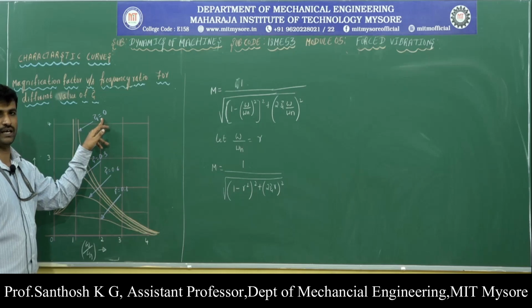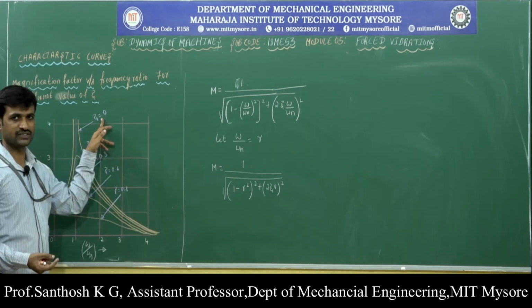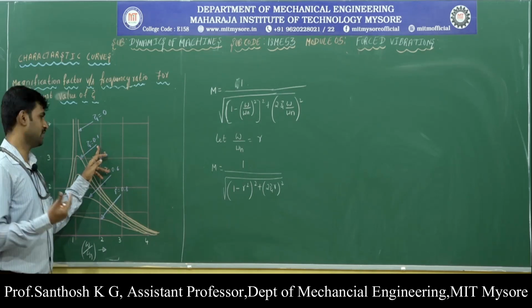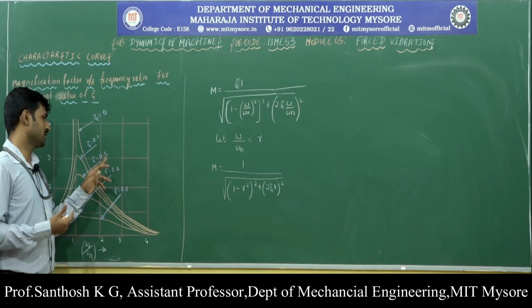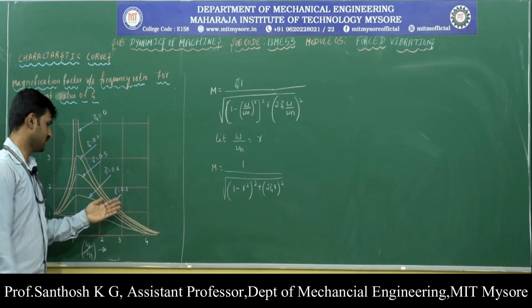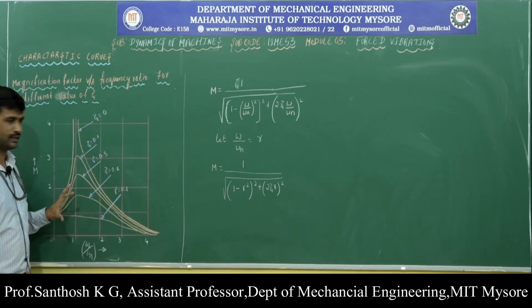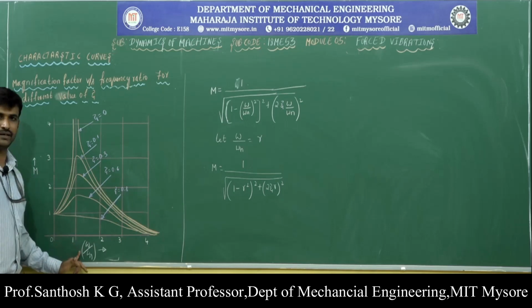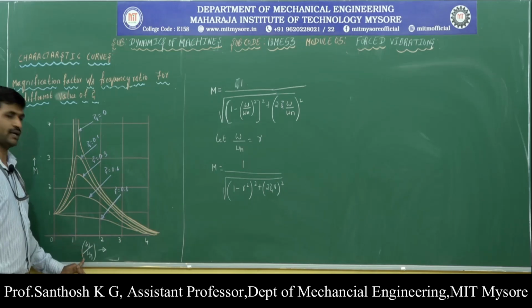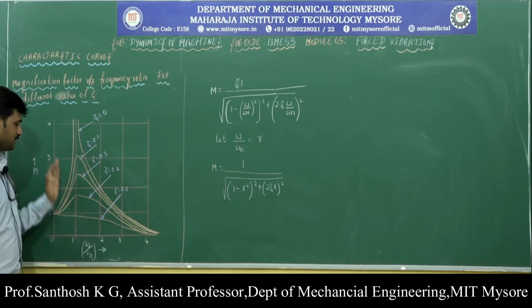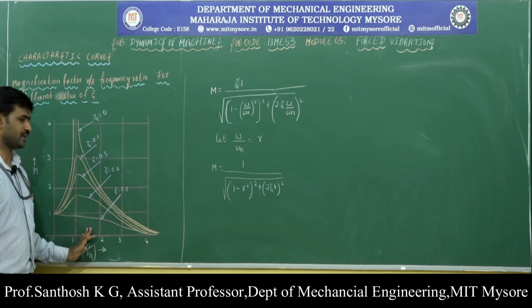The value of zeta may be 0, which represents the undamped system, or it may be 0.1, 0.2, 0.3, like that it may vary. If you plot the graph between m and the frequency ratio omega by omega n for different values of zeta, we get the following frequency curves.